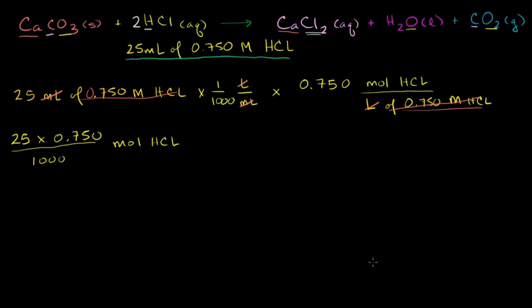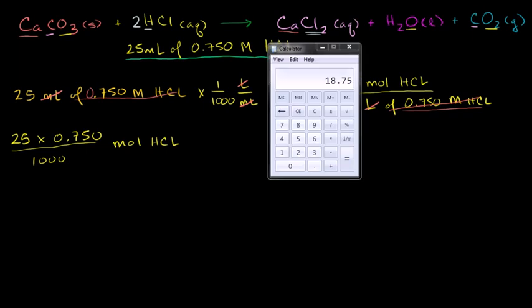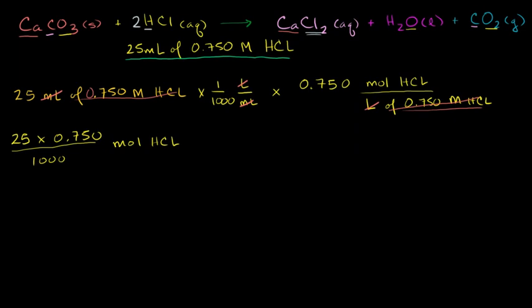And let's get our calculator out to solve for this. So that is, let's see, 25 times 0.75 divided by 1,000 is equal to 0.01875. So let me write that down.